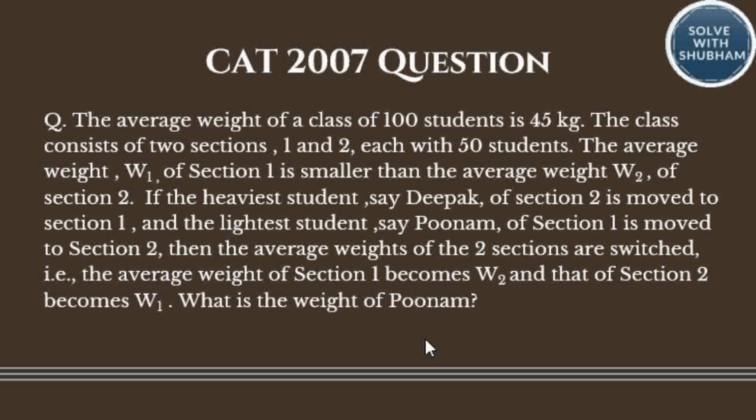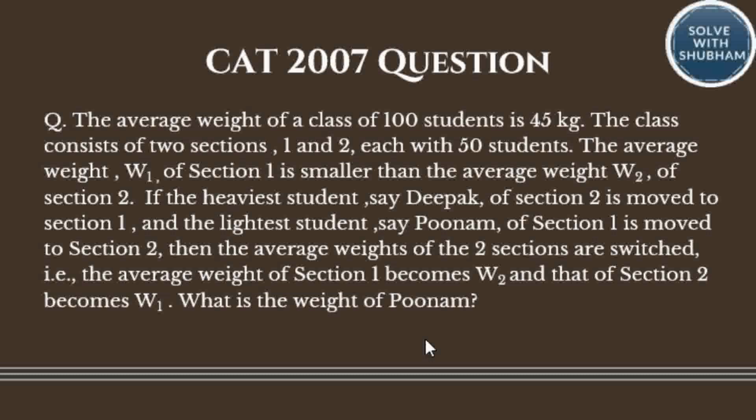So now the question follows. The average weight of a class of 100 students is 45 kg. The class consists of two sections, 1 and 2, each with 50 students. The average weight W1 of section 1 is smaller than the average weight W2 of section 2.